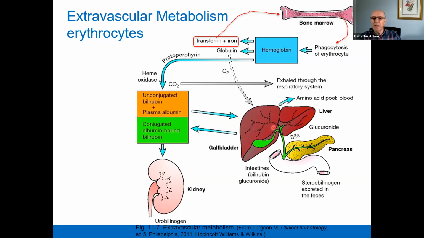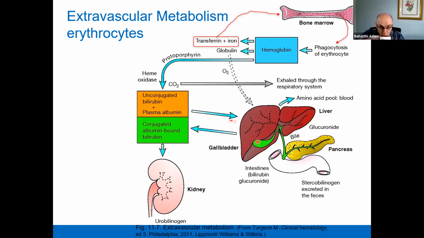In the liver, the unconjugated bilirubin is converted to conjugated bilirubin, combined with glucuronic acid via the glucuronyl transferase enzyme, as we discussed yesterday, and this insoluble bilirubin becomes soluble.